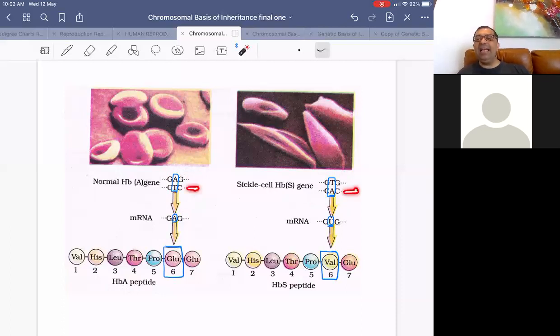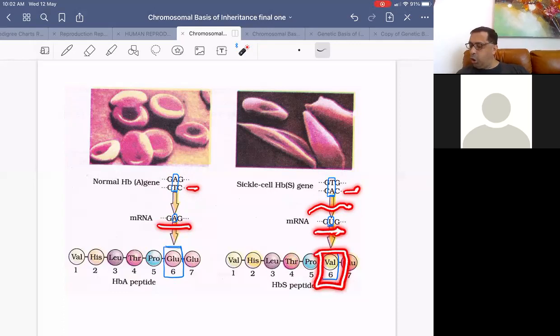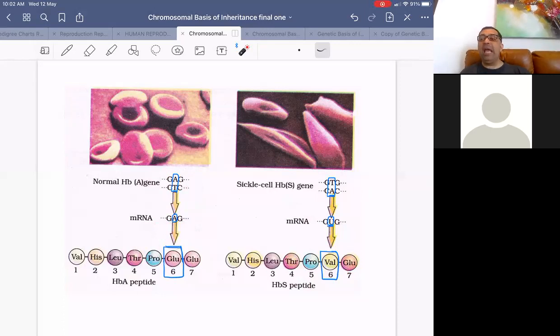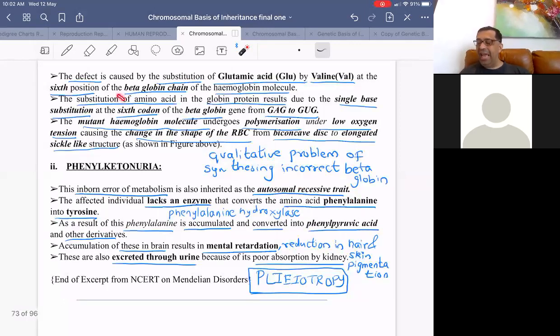And the DNA codogene CAC will undergo transcription to form GUG. Instead of GAG, it becomes GUG. GUG codes for valine. So instead of glutamic acid, valine will come, and that means the beta globin chain is now mutated, and its oxygen binding capacity will reduce.